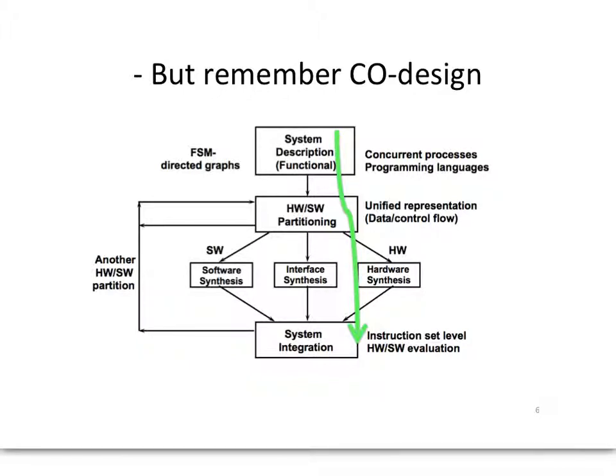This partitioning results in some blocks that are intended for software, some that are intended for hardware, and specifying and clarifying the interface between them. Following that, we would typically have some activities we could call system integration, where we test both the hardware and software blocks together.